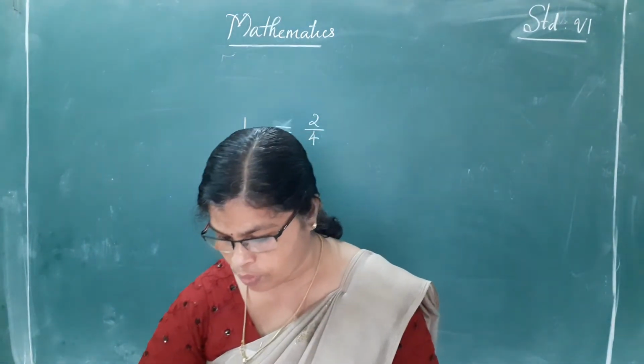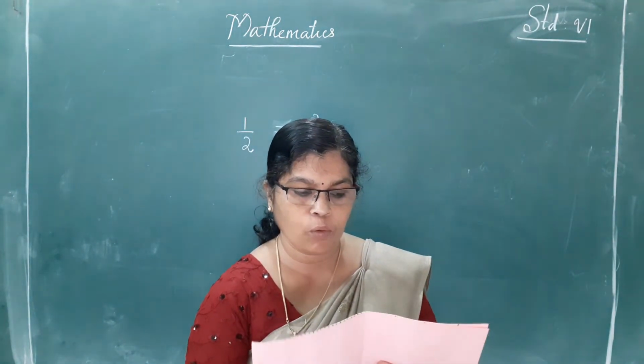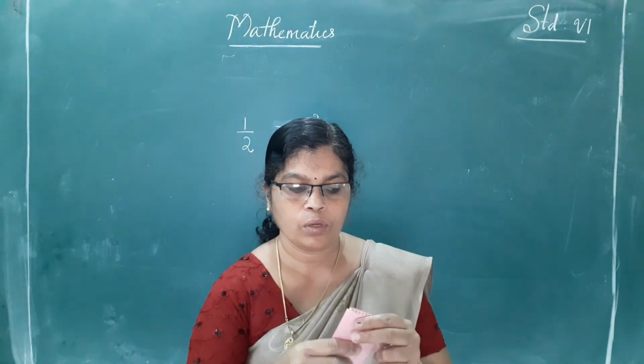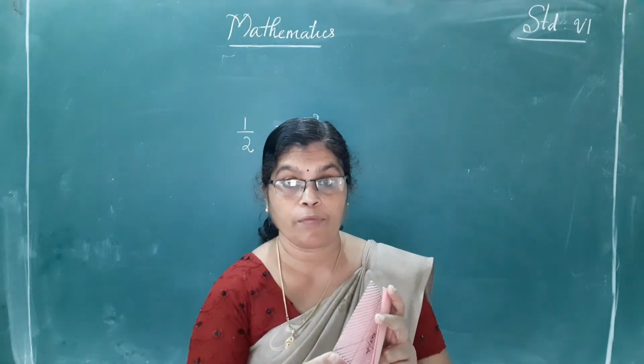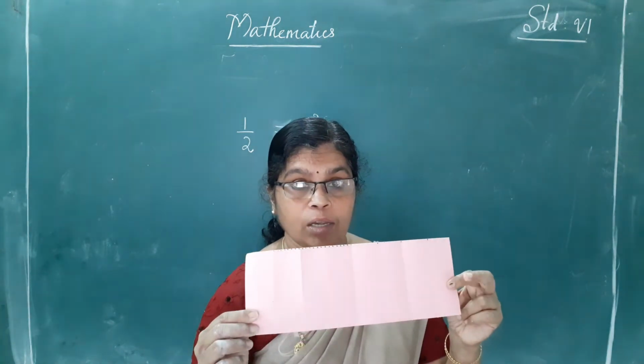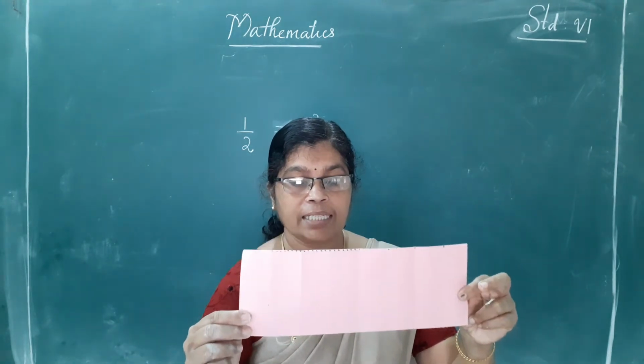Now again I have taken another paper and I have folded it, 1, 2, 3. So here 4 equal parts I have divided. Now it has become 8 equal parts. 4 times I have folded, so it has become 8 equal parts.